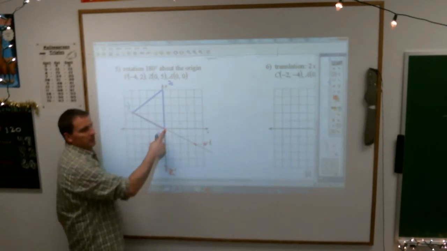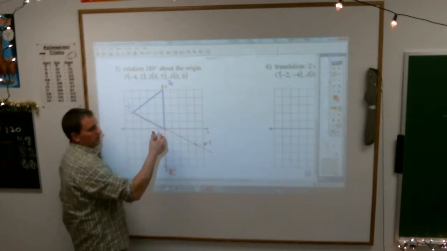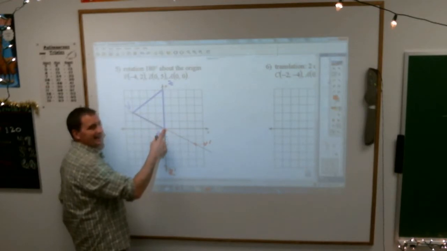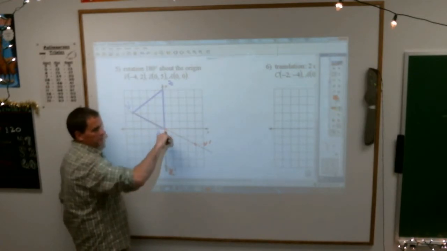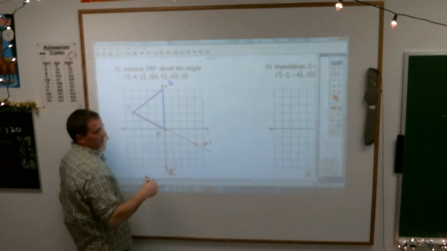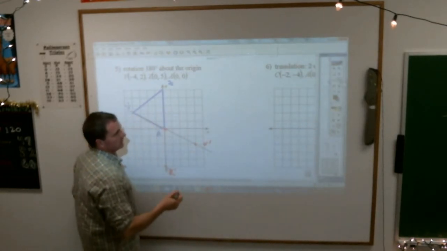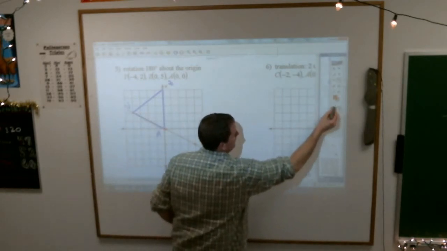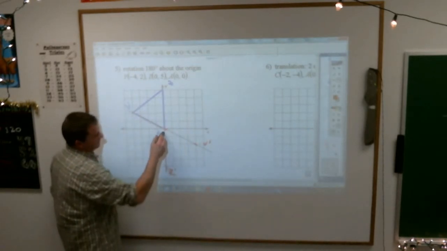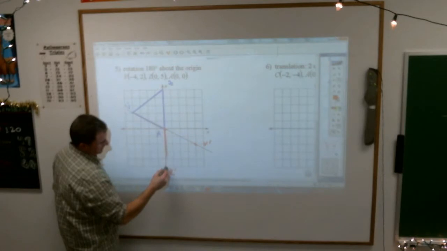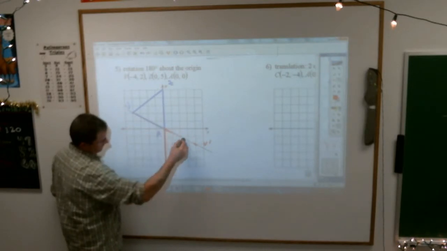And where is A prime going to be? Right where it's at because it already is on the origin. It's the point where it's getting rotated about. So when you do the rotation, it's going to end up looking just like this.